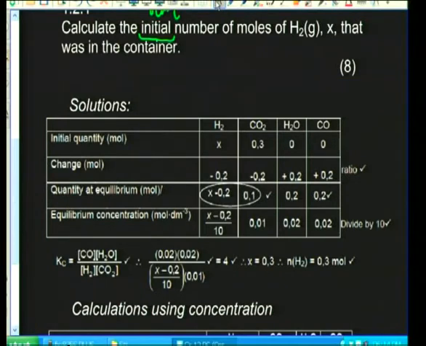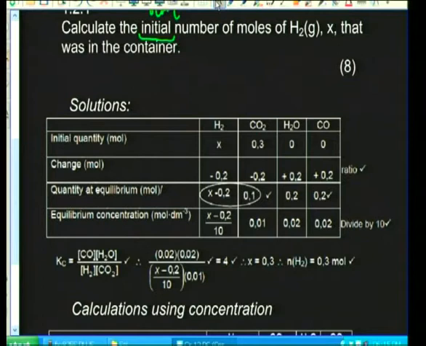This table has 4 columns for my 4 substances in this reaction. I have an initial quantity given in moles. I then have what's changed. I have the quantity at equilibrium. It's either left over or produced when we get to this equilibrium point. And then I have a concentration I'm going to work out.